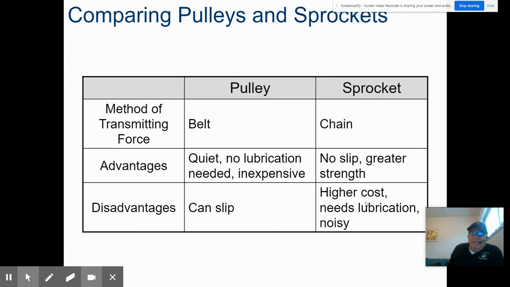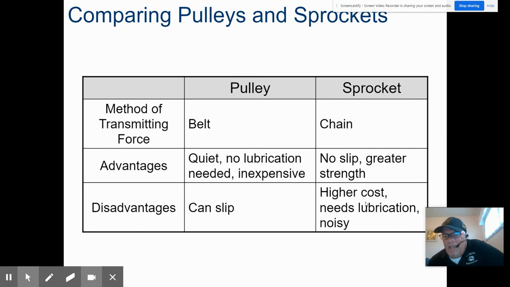So if we're comparing pulleys and sprockets, the method of transmitting the force in the pulley system uses a belt. In the sprockets, we use a chain. The advantages of a pulley are it's quiet, no lubrication is needed, and it's inexpensive. The disadvantage is it can slip, whereas the advantages of a sprocket are no slip and greater strength, but it has higher cost, needs lubrication, and is noisy.